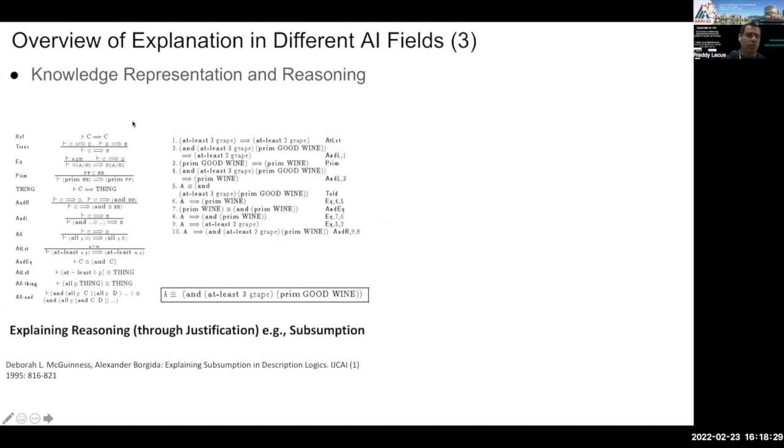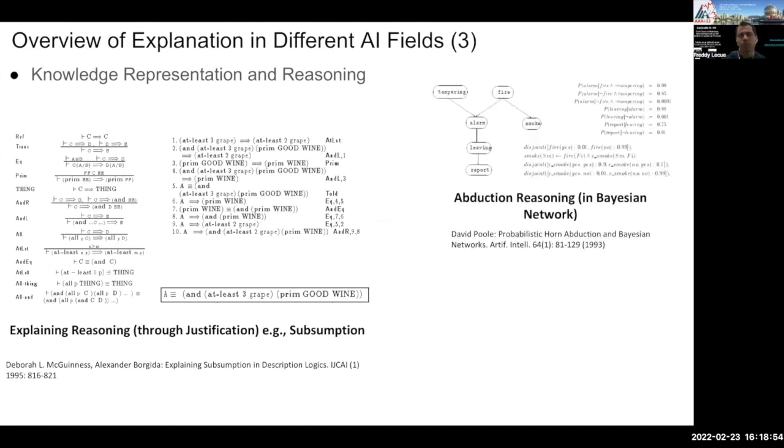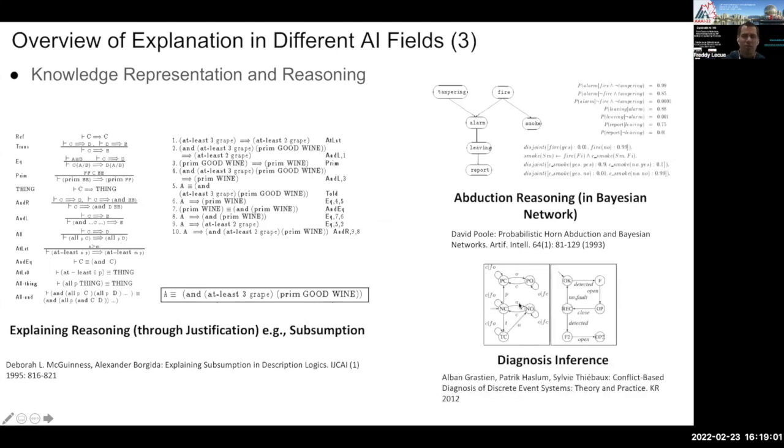On knowledge representation and reasoning, you do have a lot of techniques that do diagnosis and justification, the kind of terminology used for providing explanation much more in logic terms. The explanation is basically the chain of actions and facts which are combined together to reach a conclusion. There's also abductive reasoning, contractions, and diagnosis.